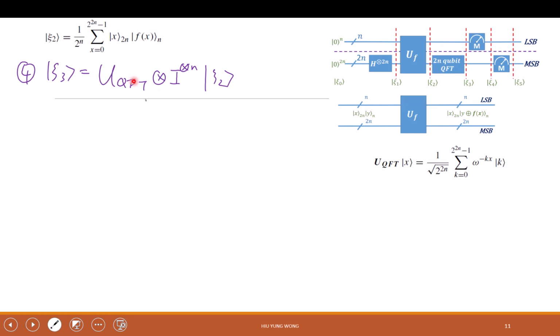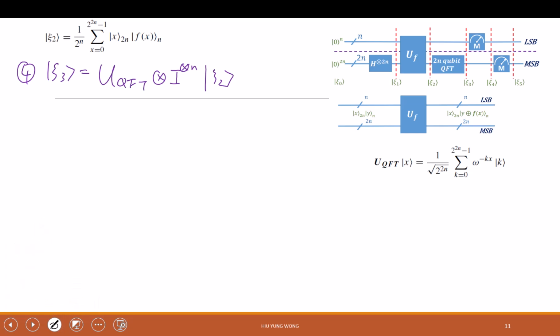But are you okay with this? This is C2, right? That is this part. Again, we recognize it's a superposition of many basis states. Each basis state is 2n qubit tensor product with another n qubit. But this time we again apply this, but as you can see earlier, this is going to apply to x only, right? We are not going to apply to f of x.